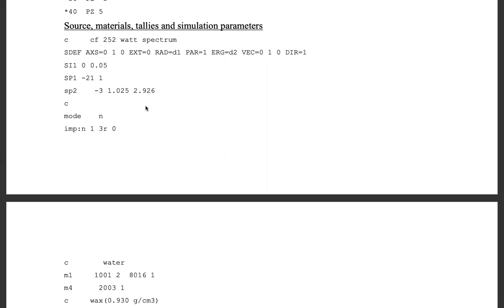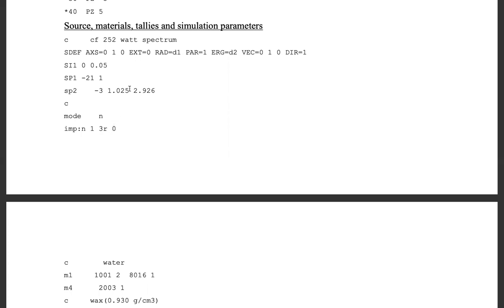Now this is a thing that you forget after many years, so I should have put a dollar sign over here. Okay, so this is a neutron only problem, so it's mode N. I've got importance 1 for neutron in cell 1. In cells 2, 3 and 4, again, I'm repeating this 1 three times. So I've got 1 and 3, 4, and the outside world is 0.